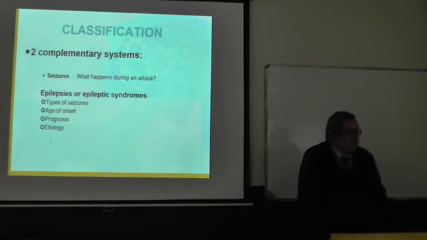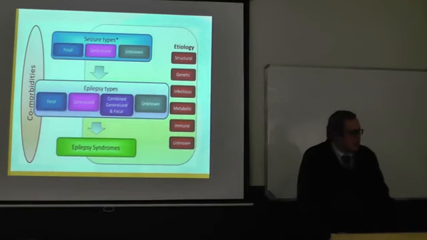So we've got two complementary systems. The one would be to ask what happens during the attack, and then we're looking at whether this will fit into a syndrome. So just to show you why we're talking about the epilepsies rather than just epilepsy, the etiology may be structural, genetic, metabolic, immune, or unknown.